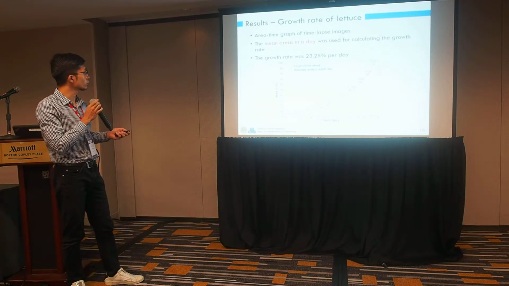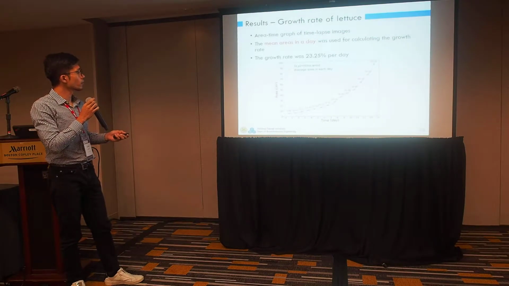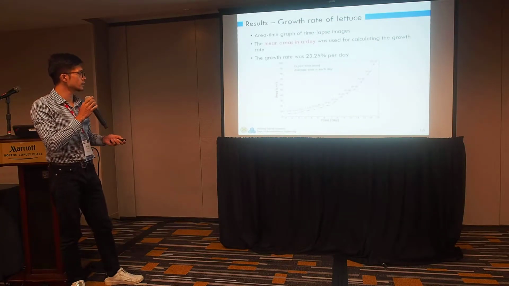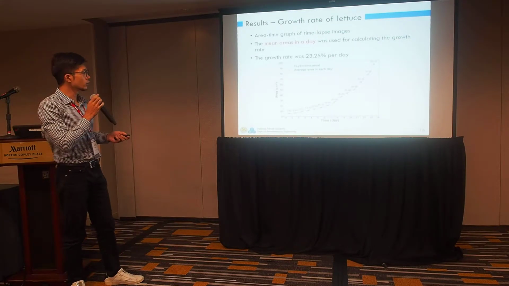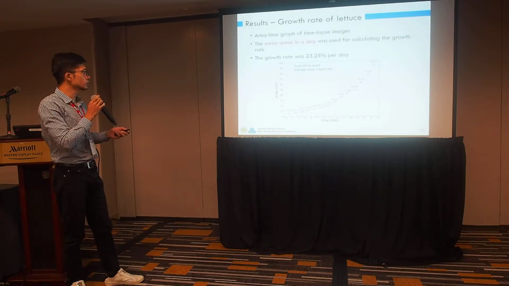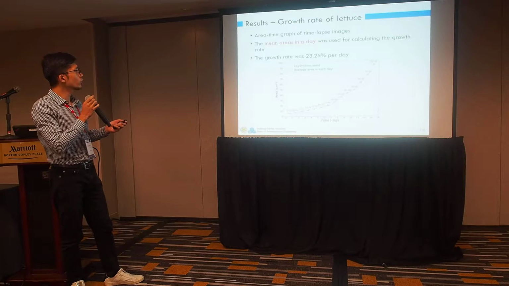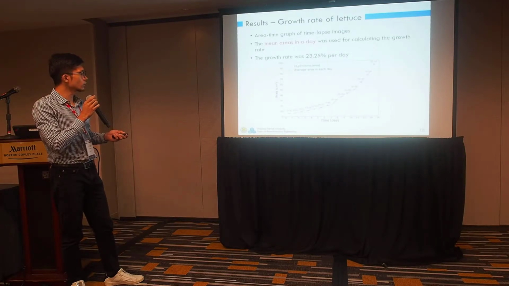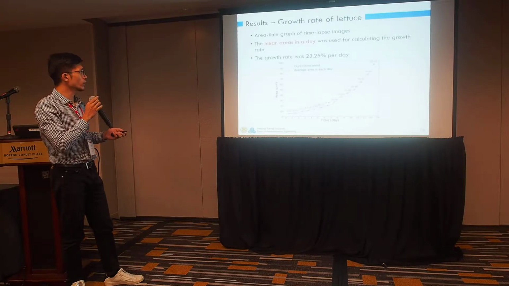So here's the result. This result is based on the stem lettuce, and it's an area-time graph of the time-lapse images. The red point is the average area in a day.